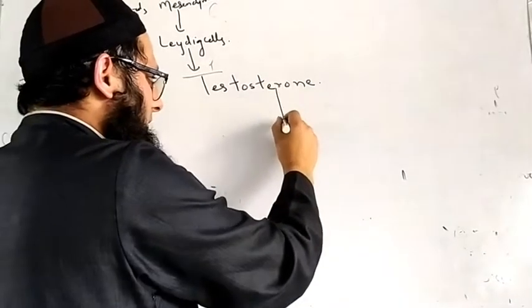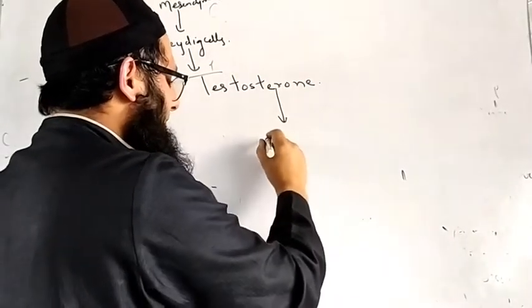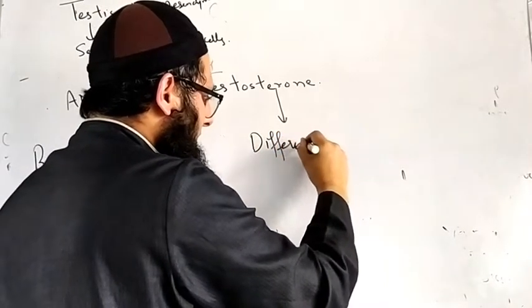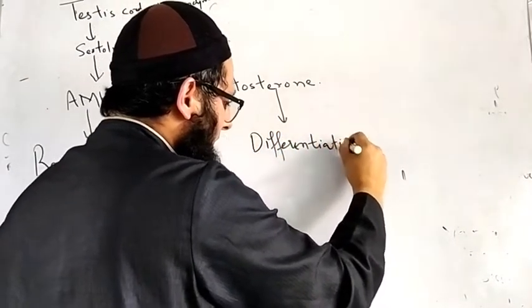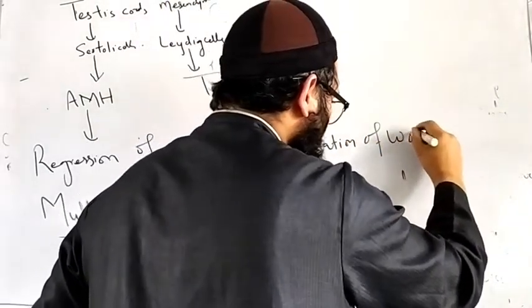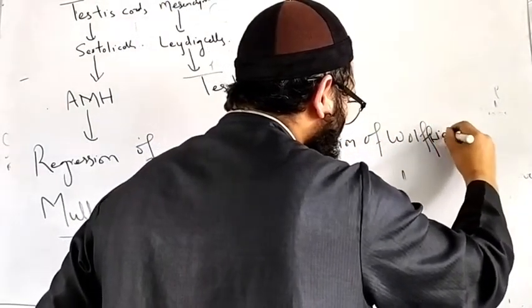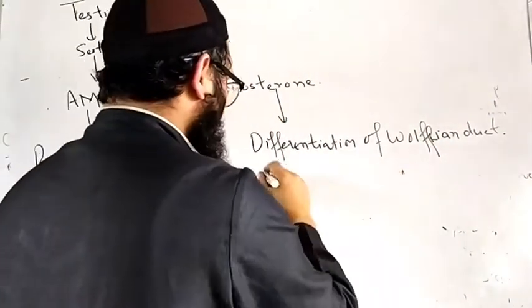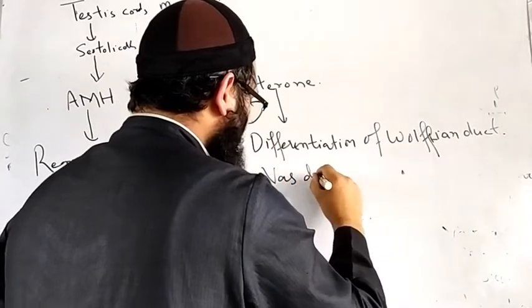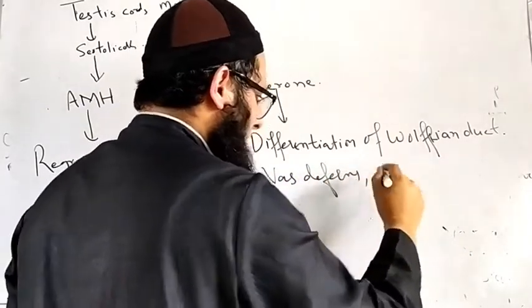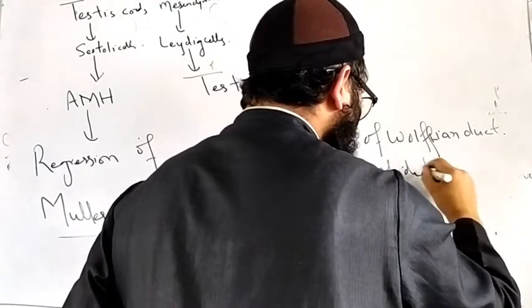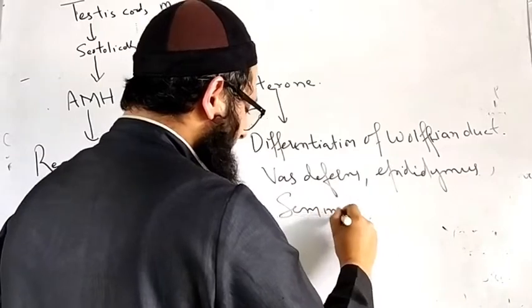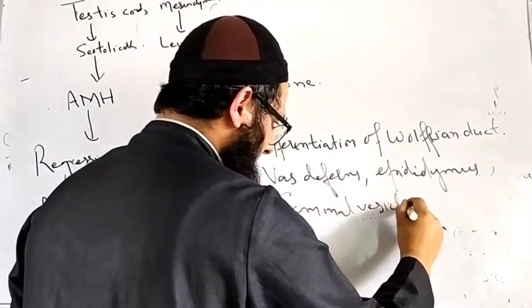This testosterone will cause differentiation of the Wolffian duct into vas deferens, epididymis, and seminal vesicle.